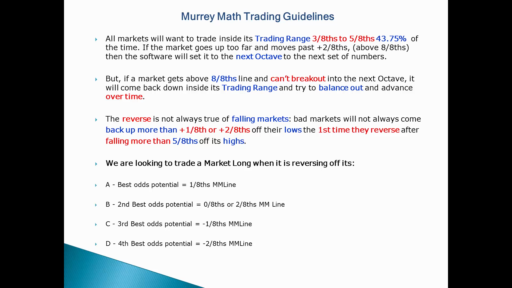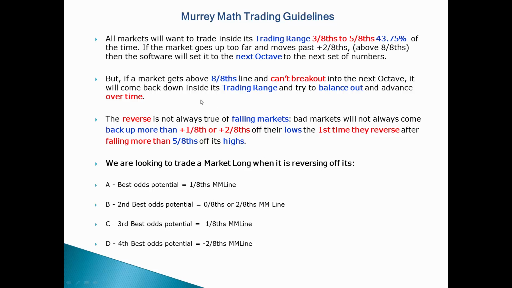All right, what does that imply? What does that mean? What's the assumption? What can we be looking for? Okay, so here are some additional guidelines in terms of the long side of the market. All right, so we have best odds potential when price comes down and holds the 1/8 line, the 1/8 MM.